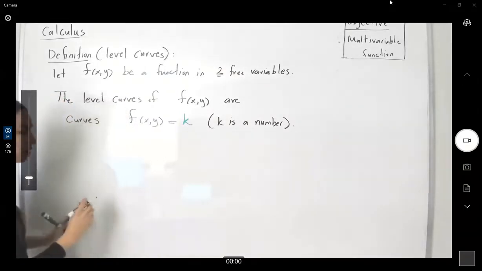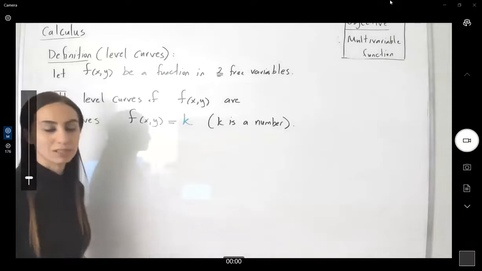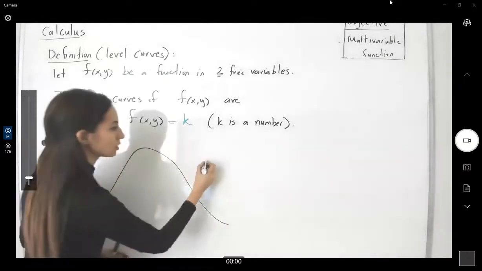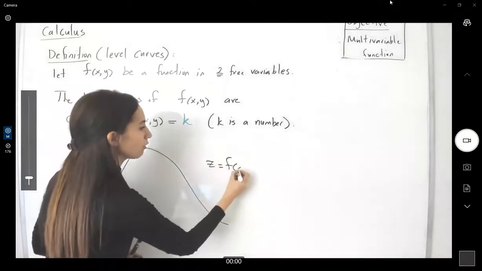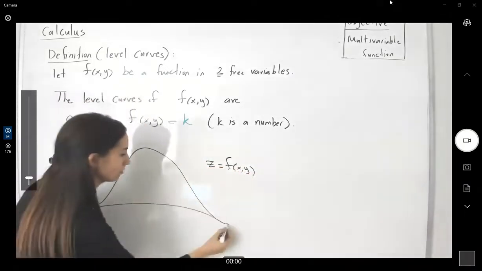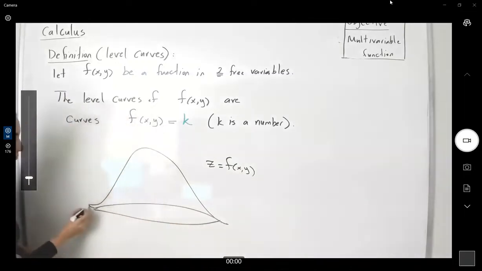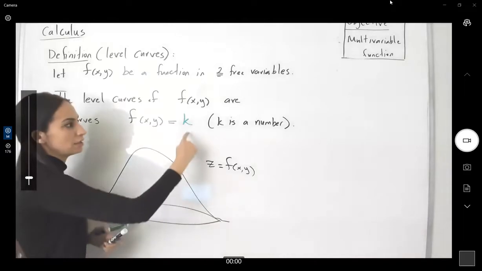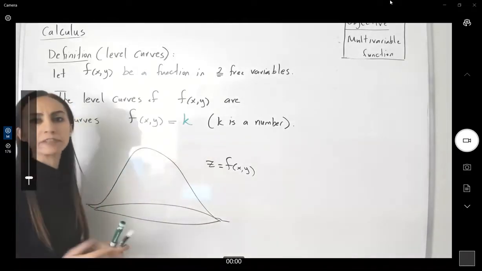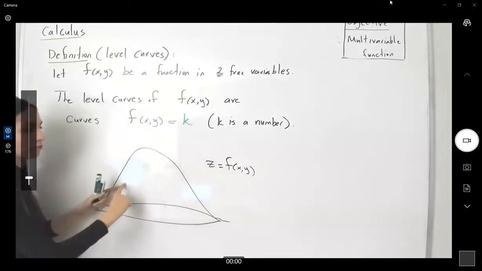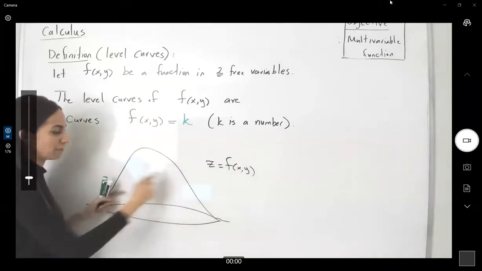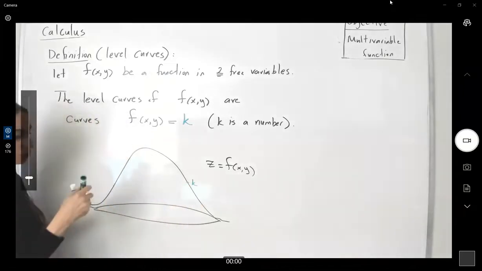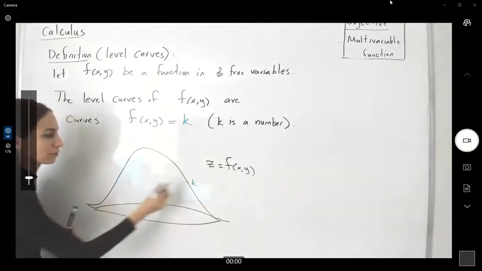So suppose you have a surface like a mountain. Suppose this is your surface, z equals f of x and y. When you set z equal to k, some fixed number, you're actually fixing the height of this mountain. So, for example, this is your k here, and you're actually finding this curve.